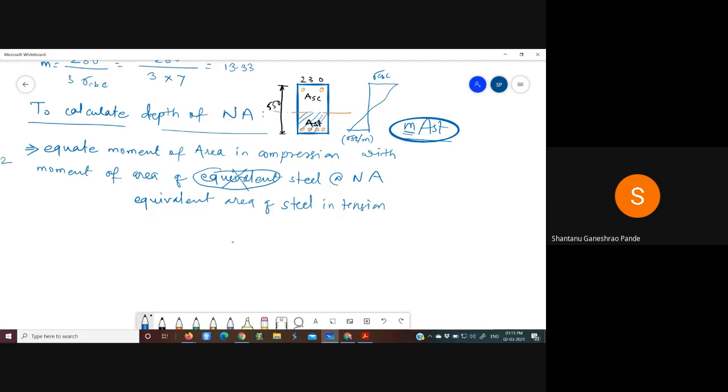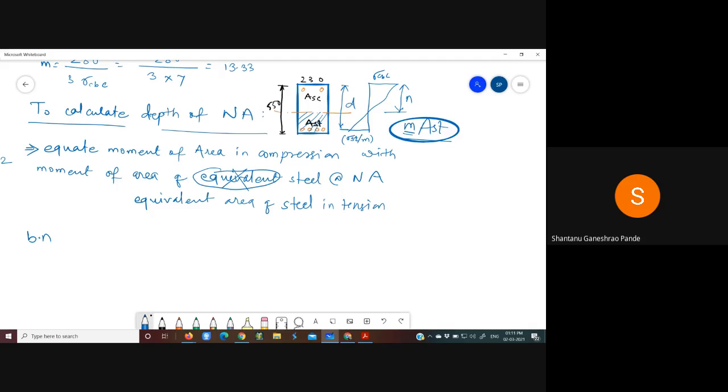Fine. So this depth from top to the level of steel is known as effective depth. Here the area of concrete in compression is B multiplied by N, where N is the depth of neutral axis from the top fiber.